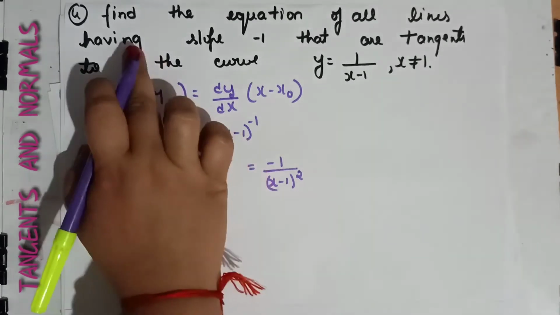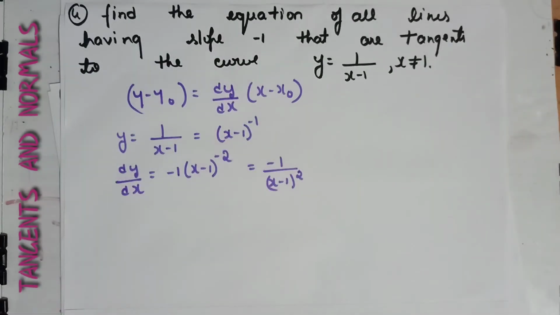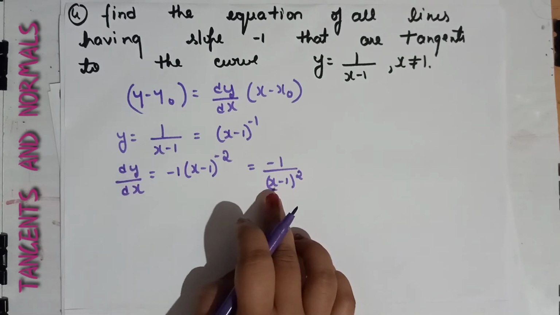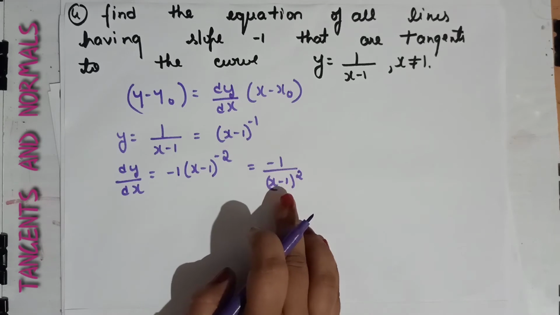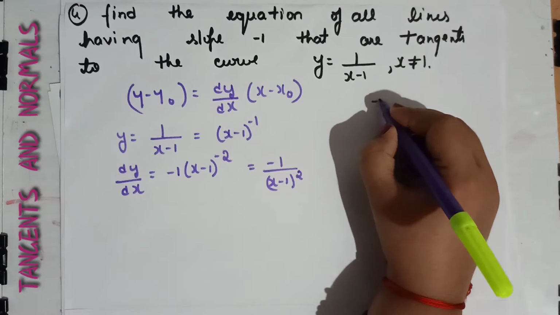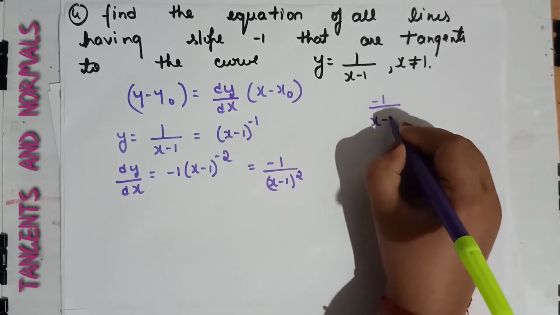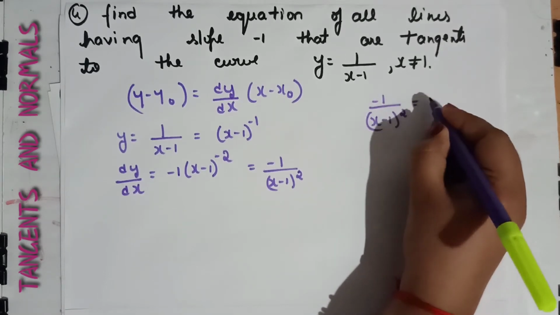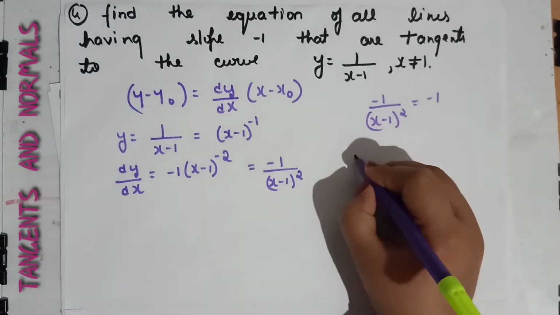And already it is given that slope is equal to minus 1, and dy by dx is equal to minus 1 by x minus 1 the square, which is nothing but the slope. That means we can equate the slope. So minus 1 by x minus 1 the whole square is equal to minus 1.